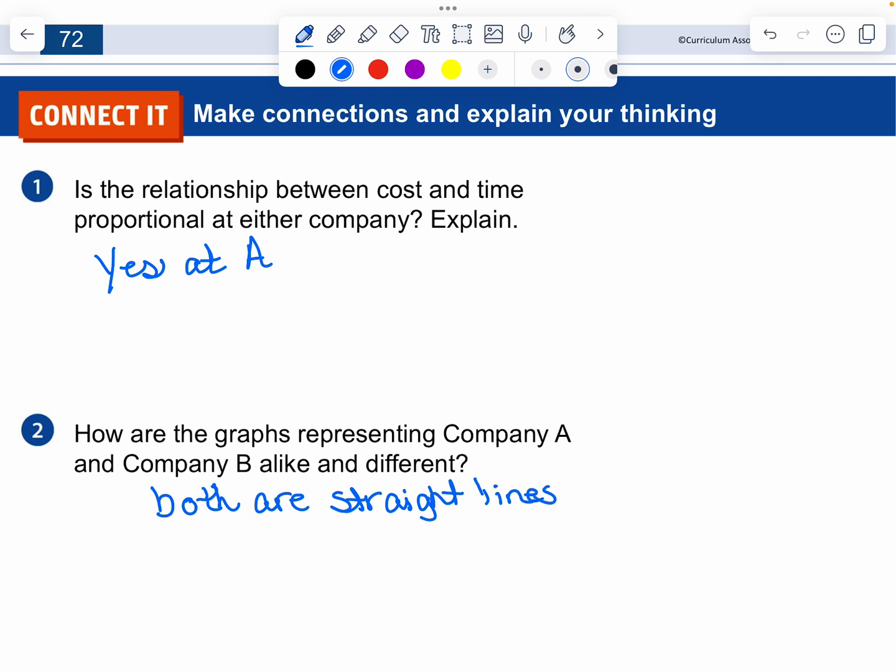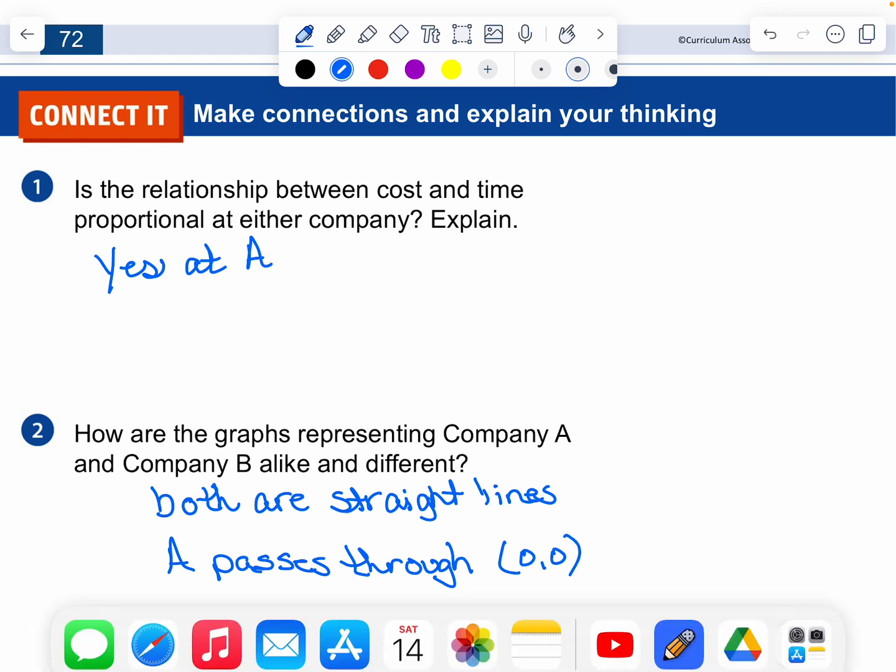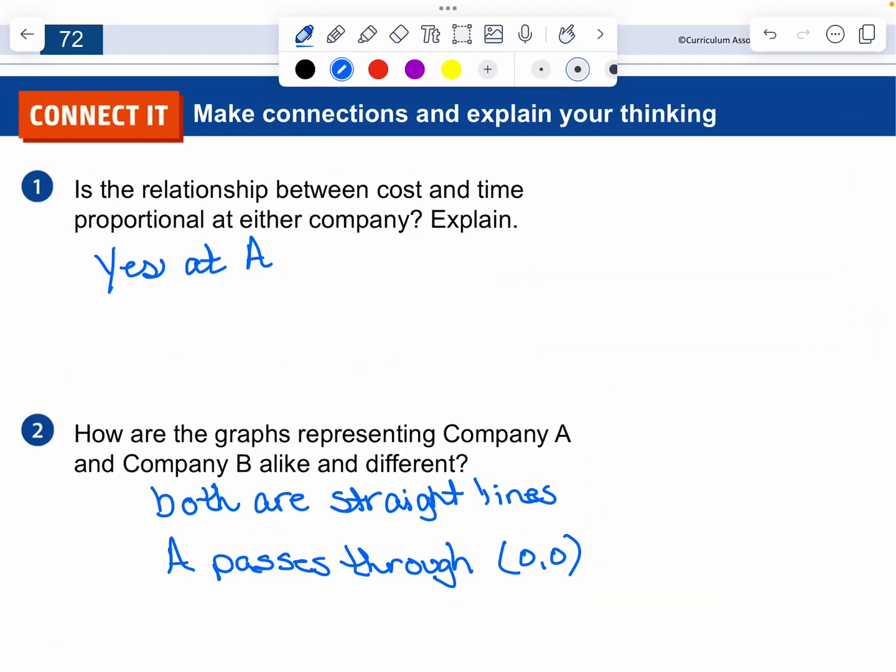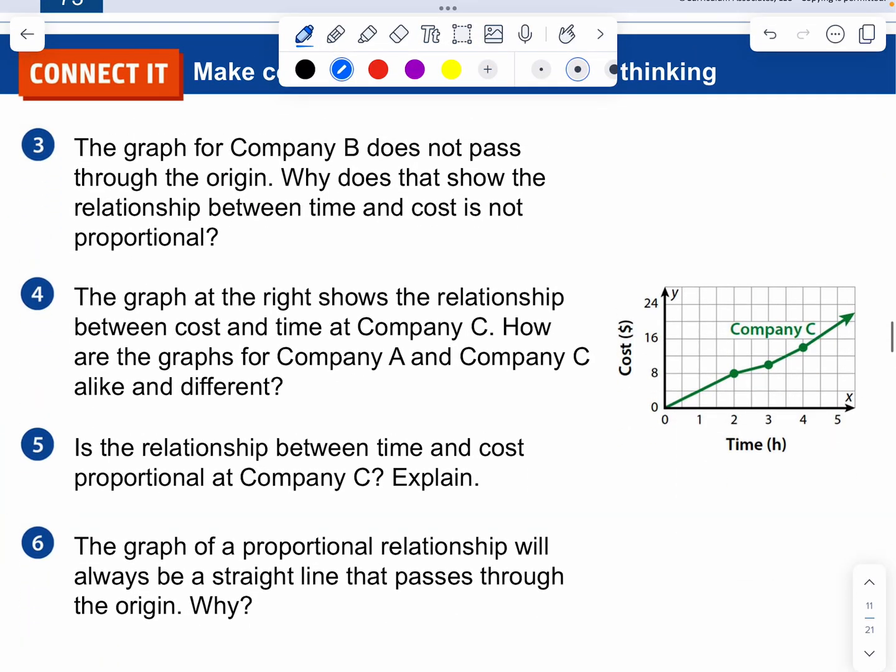But they didn't both pass through the origin. A passes through the origin, right? And I'm just going to write 0, 0 for the origin. So the graph for Company B does not pass through the origin.